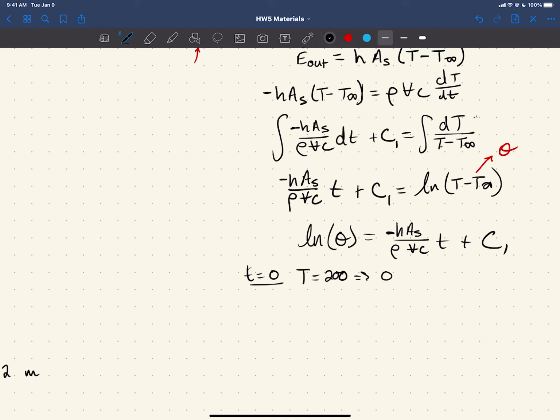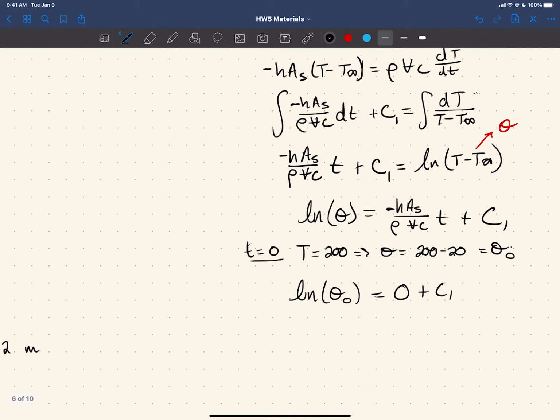So then theta is going to be 200 minus 20. And you can just call this a theta initial for now, or maybe a theta naught. And so you plug 0 in here, we're going to have the natural log of theta naught is equal to 0 plus C1. So C1 is log of theta naught, all right?